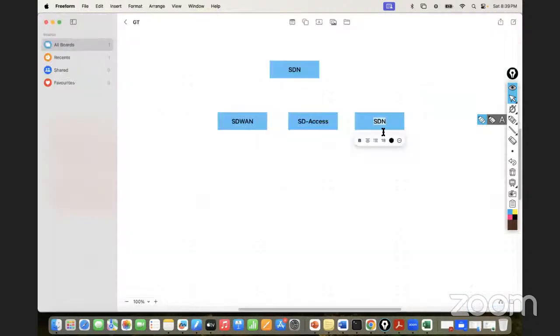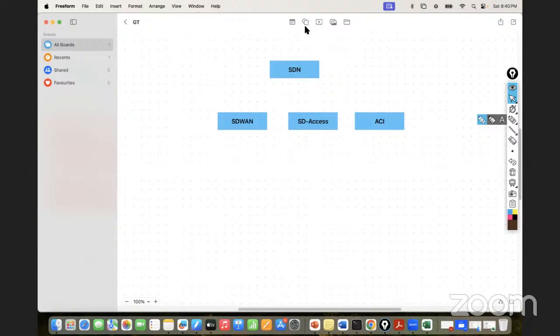So if you see here, we have SD-Access and we have ACI. So in early days, SDN had a concept, right? And by leveraging this concept, SD-WAN, SD-Access, and ACI came into the picture.